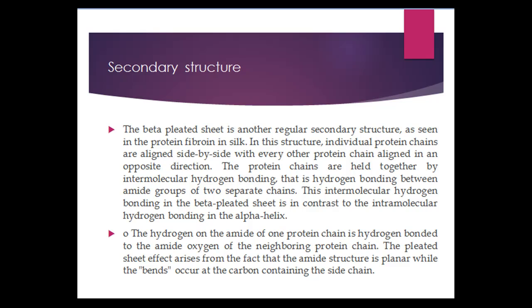Not all proteins have a helical structure, since some do not have it at all, and they are random. The beta-pleated sheet is another regular secondary structure, as seen in the protein fibroin in silk.